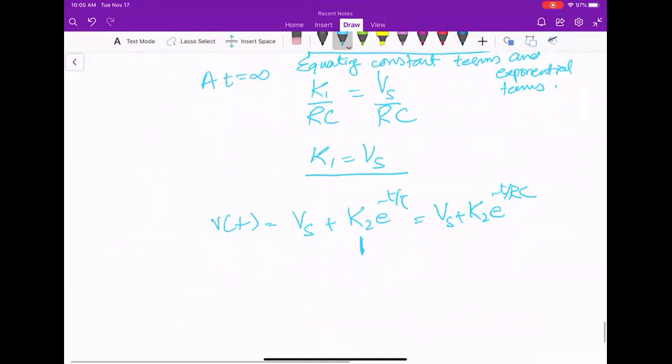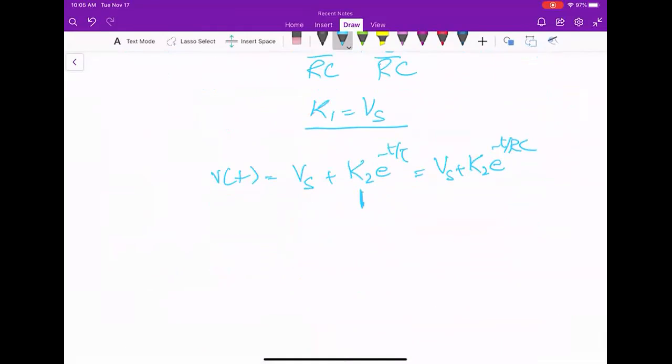To find K2, I will use its initial condition. According to the initial condition, at t equals 0, Vc was 0, right?